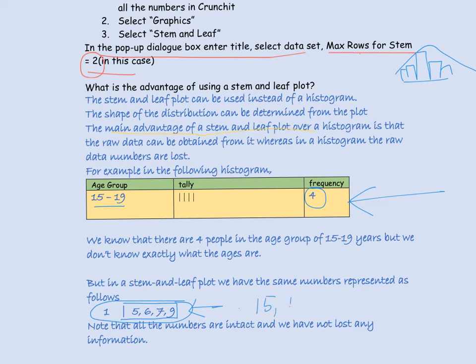One is 15, one is 16, one is 17, and one is 19. So we haven't lost any details when we construct a stem and leaf plot. That is the advantage of a stem and leaf plot over the histogram.